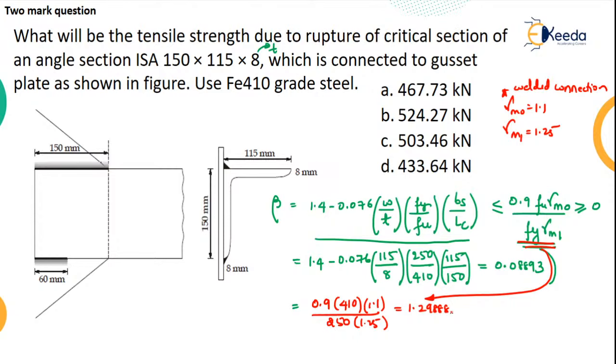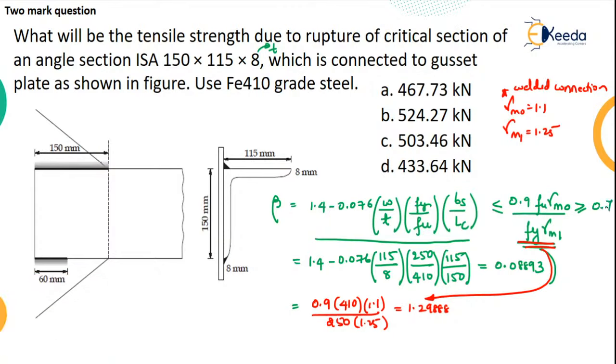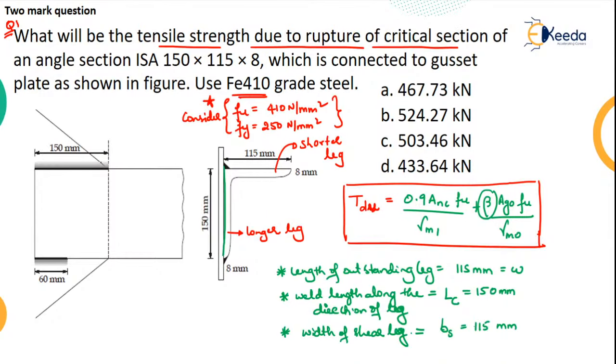Now obviously, this is greater than 0.7. So what will happen? Beta is equal to what? 0.8893 is less than 1.29888 and is greater than 0.7. So beta should be chosen as what? 0.8893. So in this particular formula, the value of beta is 0.8893.